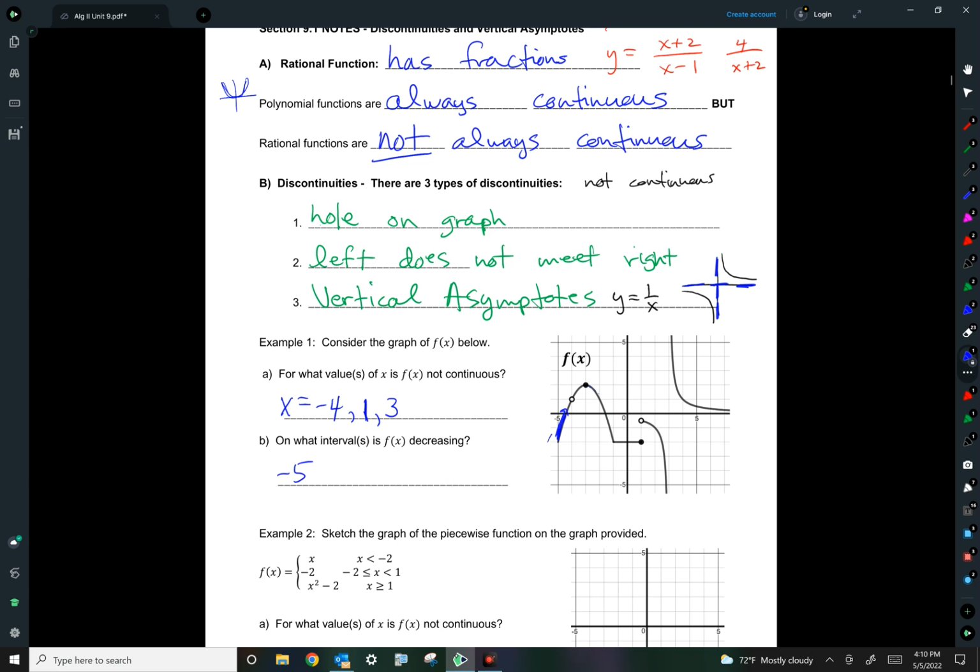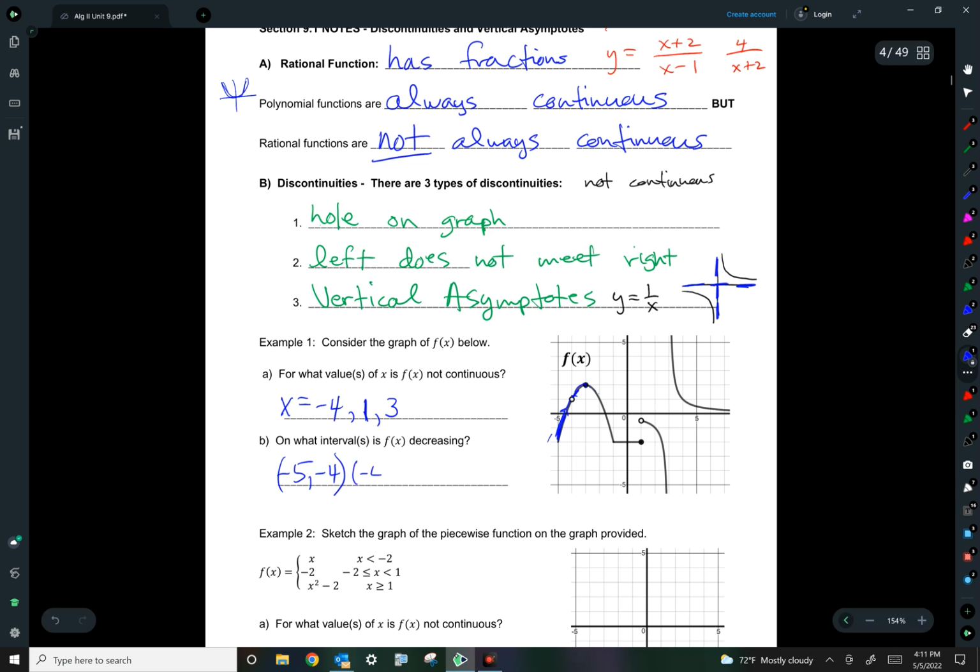When it gets to -4, there's a hole there, right? So I can't say all the way from -5 to -3, because I need to make sure that we understand there's nothing going on at -4. So I'm going to say from -5 to -4. Then the graph stops and there's a little space, but it picks up again right on the other side of -4, and it's increasing until I get to -3.